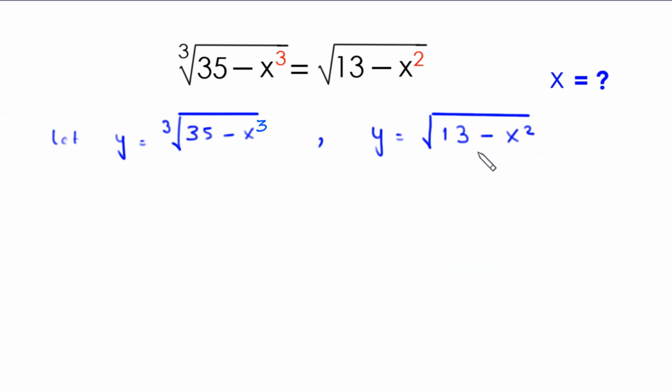Notice that since 13 minus x squared must be greater than or equal to 0, y must be greater than or equal to 0.